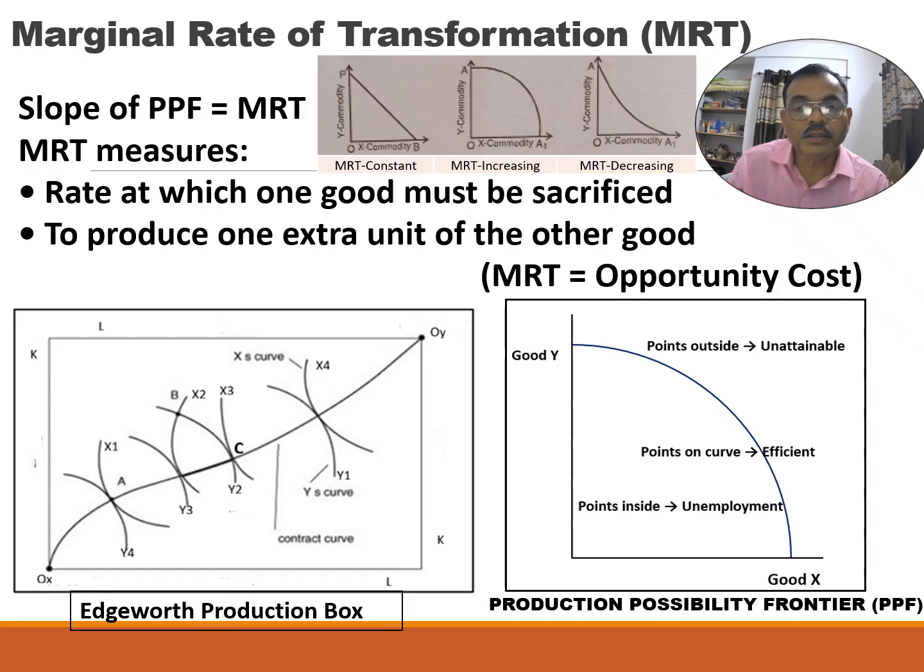If MRT, that is the slope of the production possibility curve, has a value equal to 2, it means producing one more unit of X requires sacrificing 2 units of Y. Let us now examine the graphical representation carefully.